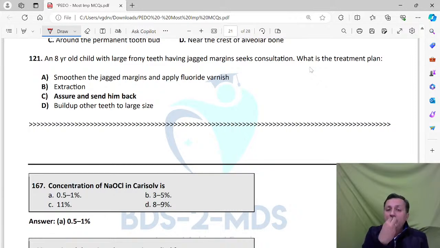Right now, the teeth have erupted into the oral cavity, and teeth never grow in size. The facial height will increase, the width of the face will increase, and the body proportions will also increase. Once that happens, the teeth will appear smaller, and these margins will get smoothed out because these are the mamelons present on the incisal edges. So just assure the patient and send them back. No treatment is required. So the answer is C.